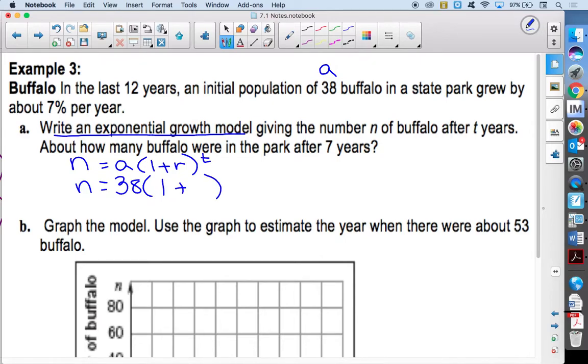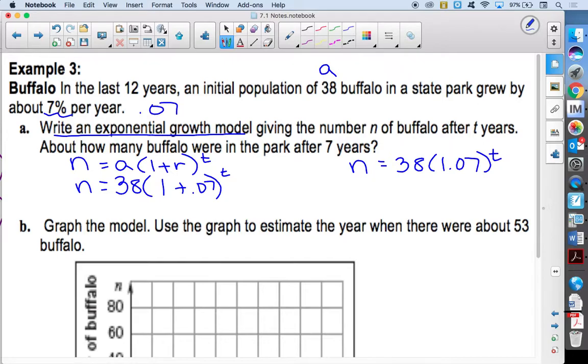How much is the herd of buffalo increasing by? 0.7. I mean 7%. So 0.07. So 7% is really 0.07. And then we're just going to use a t right now for time. So my equation would say 38 times 1.07 to the t.